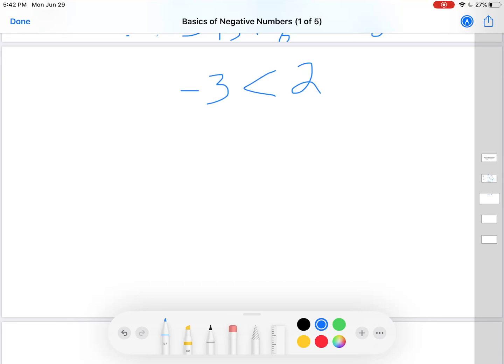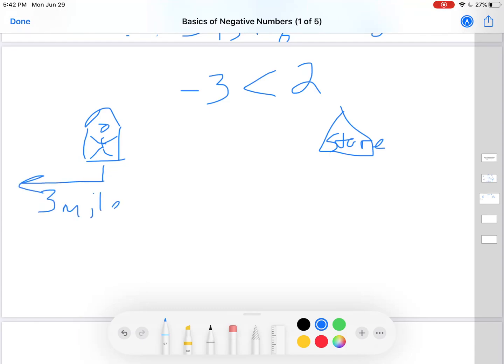Imagine it this way. Let's say that I start off at my house. Here I am, standing in my house. And I want to go to the store, which is off this way. Here's the store, and I want to go to it. Let's say I go out of my house and I walk in this direction 3 miles.